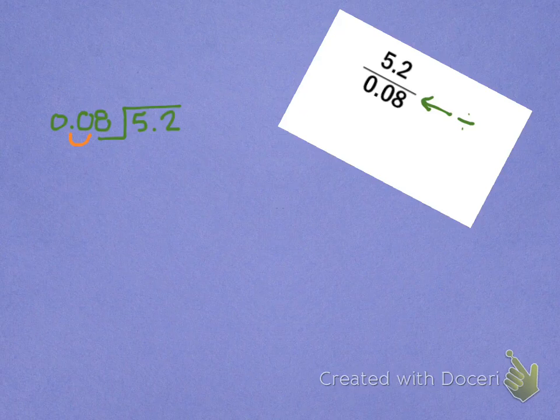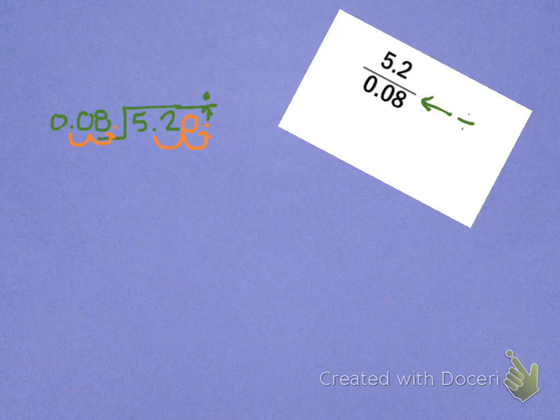If I move it over once, that's still not a whole number, so I've got to move it over twice. What I do to the divisor, I do to the dividend. Even though there's no place value here, I need to move it over twice because it's got to match, and I add a 0 as my filler. Then I bring my decimal straight up into the quotient and divide like normal.